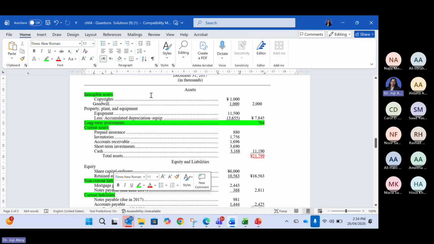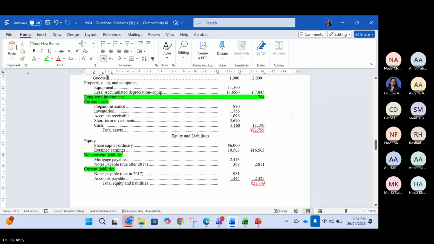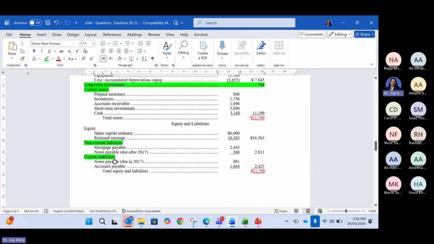The same question can come in your final exam also with different numbers. But you don't have to prepare the entire financial statement. Look at which item they are asking. For example, what is the total equity? That means you have the ordinary share capital in the question and retained earnings, so when you add, you will get your equity.